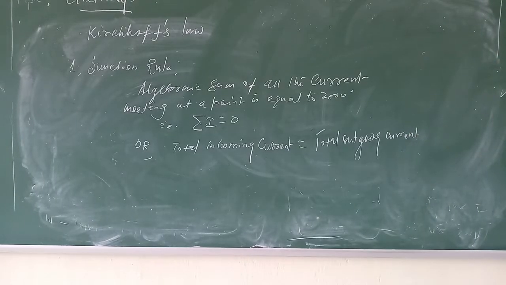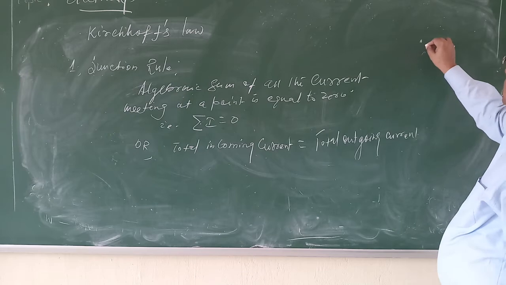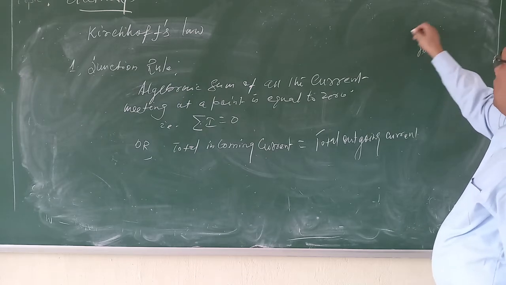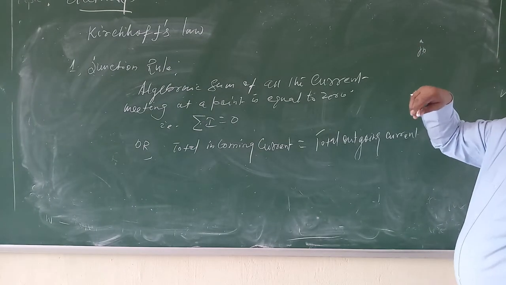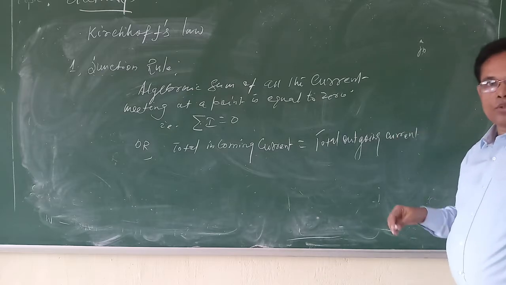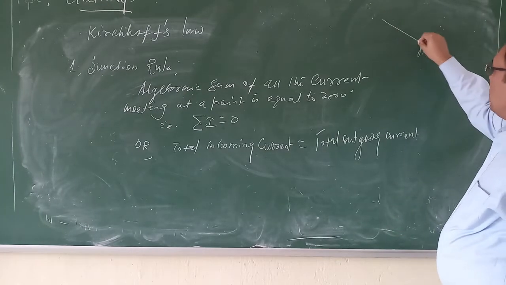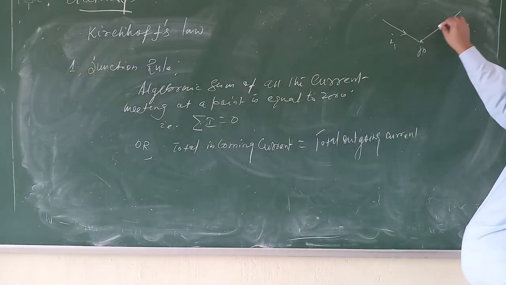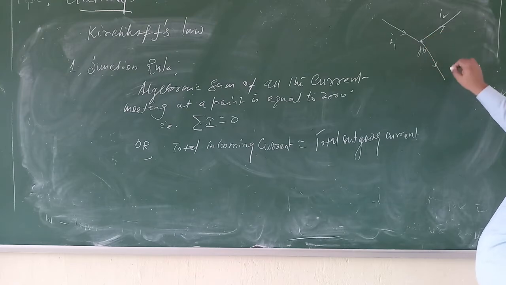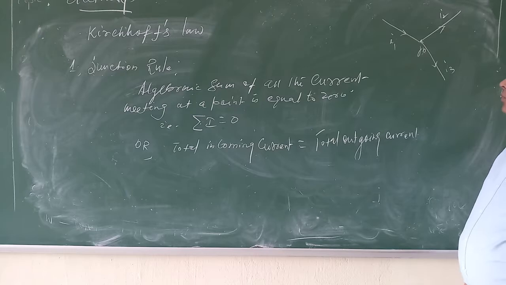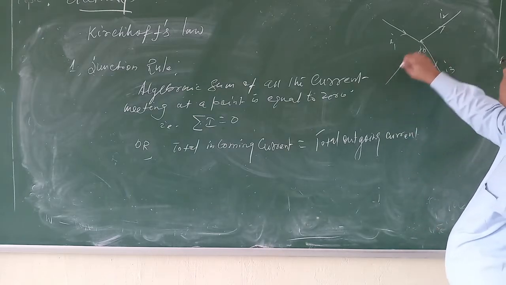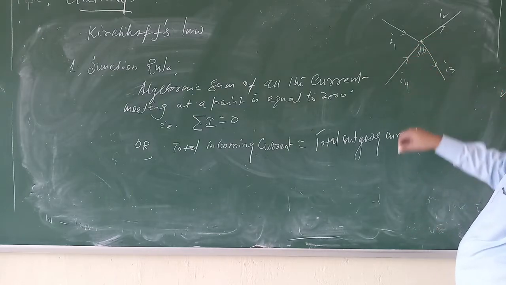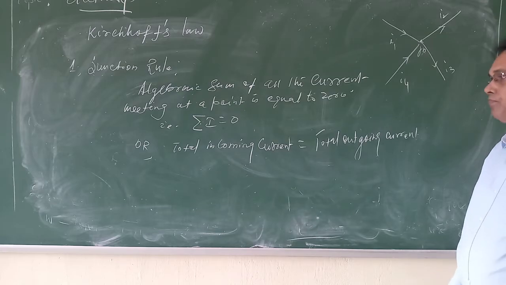It means, suppose this is the junction. Junction means there are four routes. So let the current I1 be coming into this junction, and here I2 current is going out. Here I3 current is going out. Then again suppose here I4 current is coming.